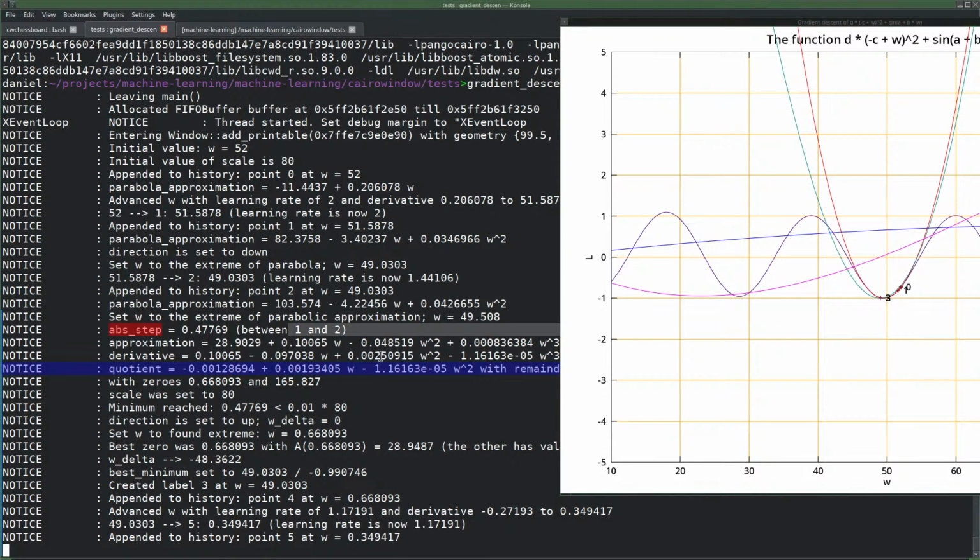So this should be 1, 2 and 3. And then 3 should be added to the history before we start calculating the approximation.